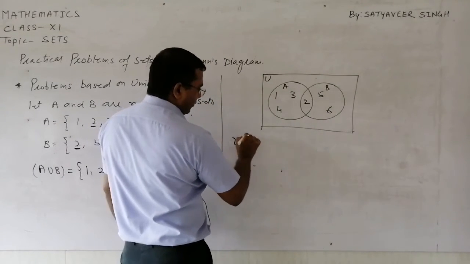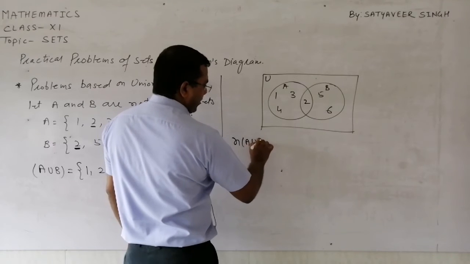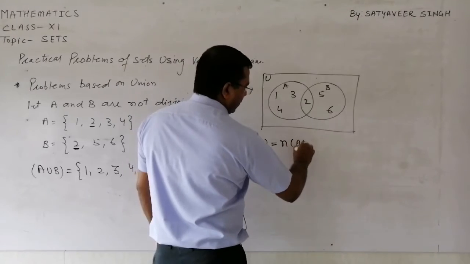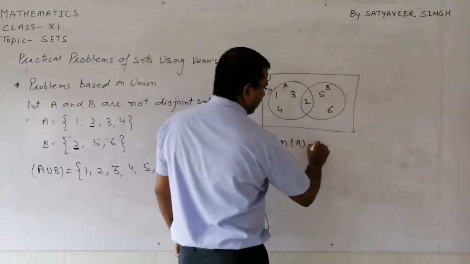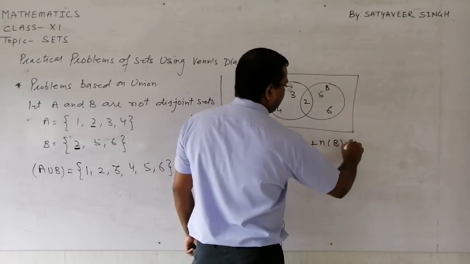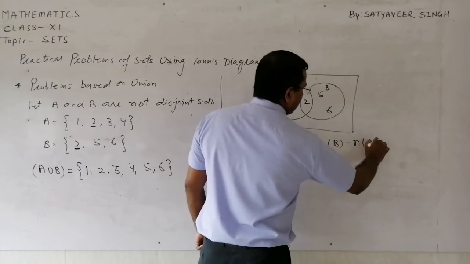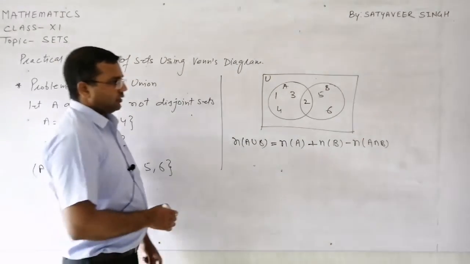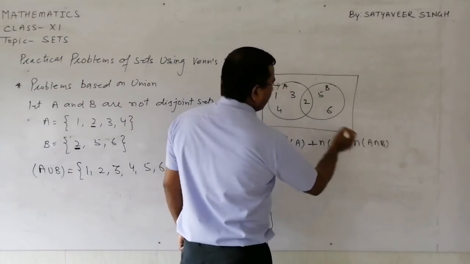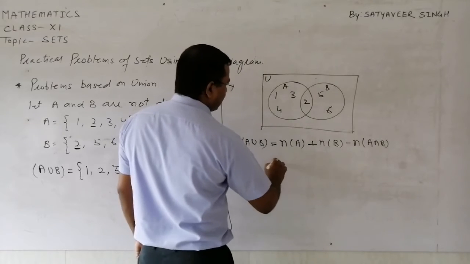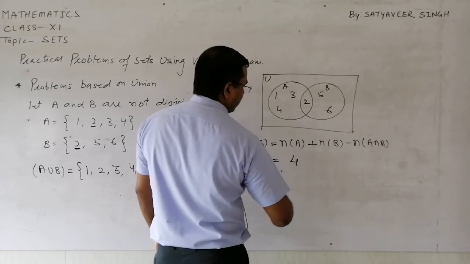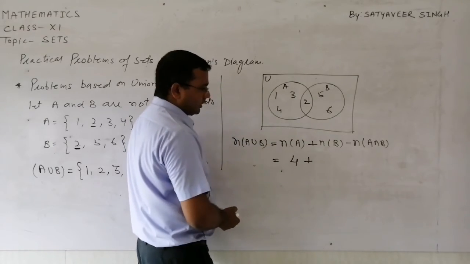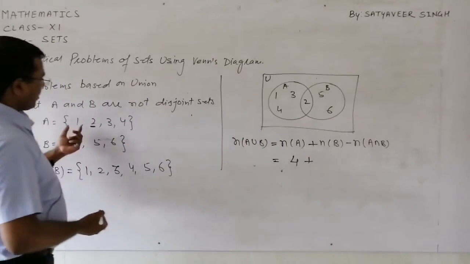Here, if you want to find n(A union B), there is one formula you will have to use: number of elements of set A plus number of elements of set B minus number of common elements, A intersection B. A intersection B tells you the number of common elements. So n(A) is 4. 4 means the number of elements.